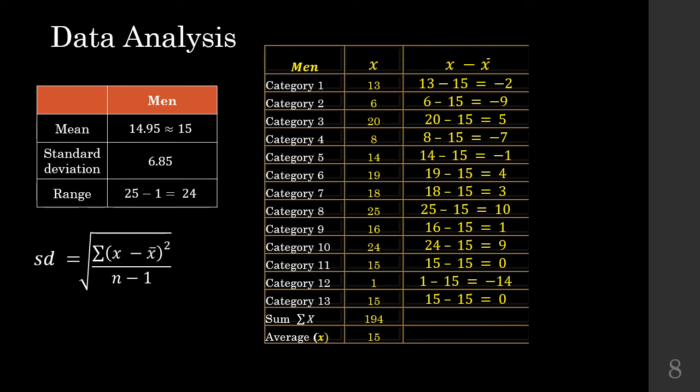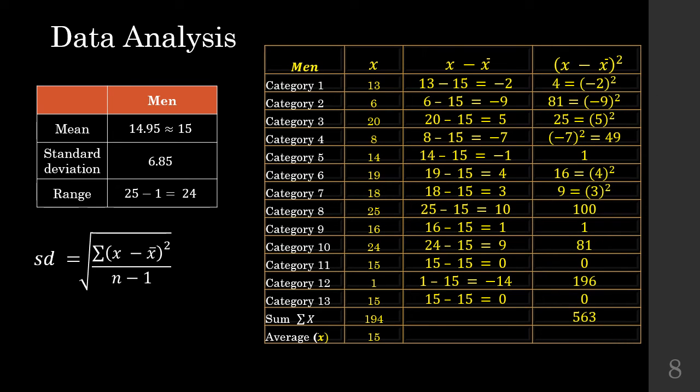So we recorded the men, and the mean was 15. So we subtracted the mean from each of the data. Now we're going to square the results. And the sum is 563.